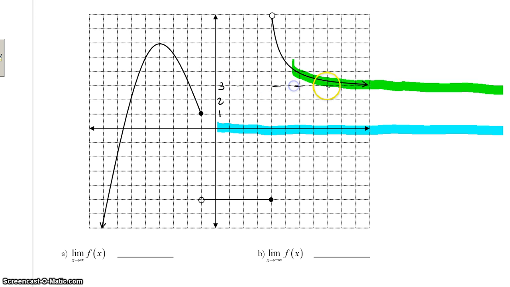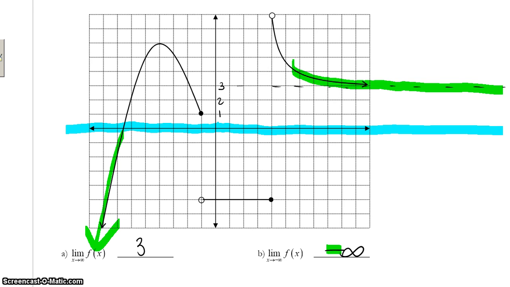It looks like perhaps there's an asymptote here, which means that as x approaches infinity, f of x approaches 3. And as the limit of x approaching negative infinity, f of x keeps going toward negative infinity.